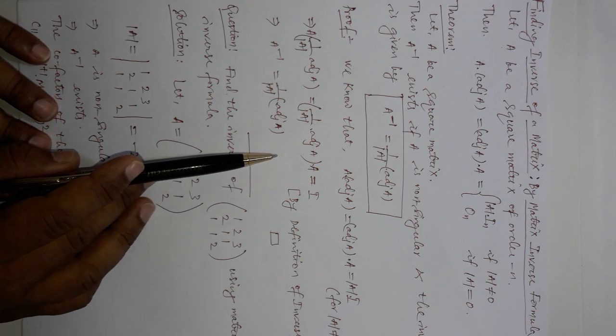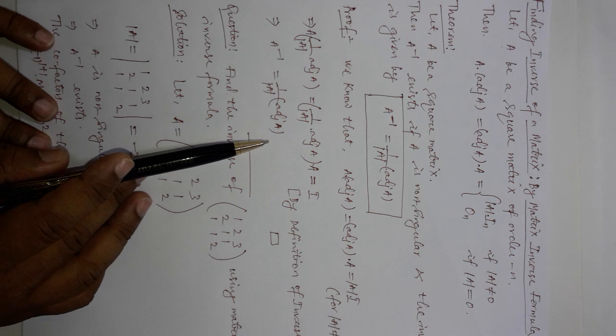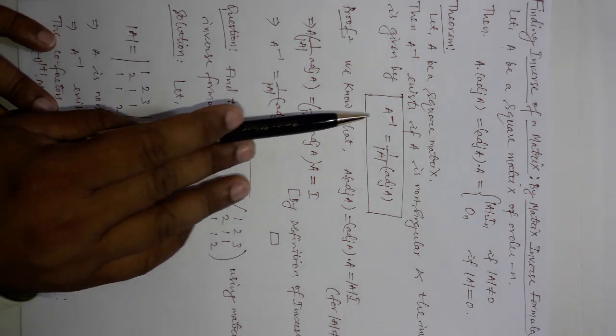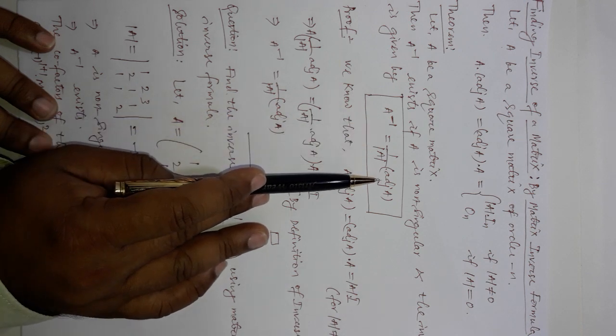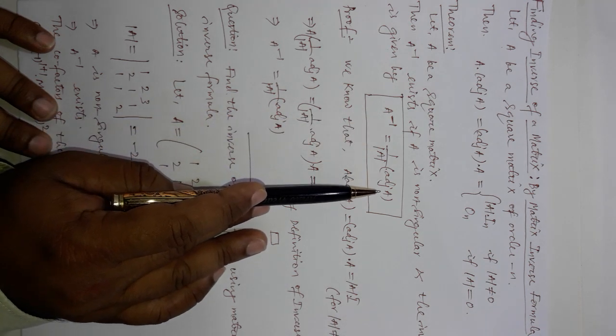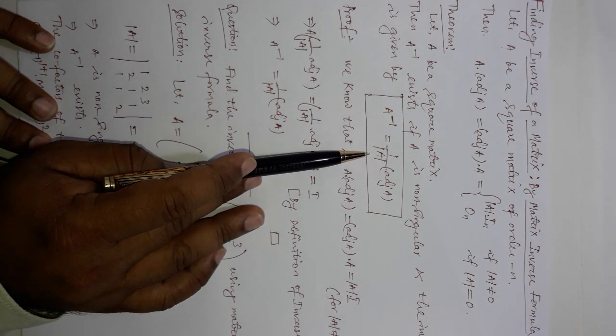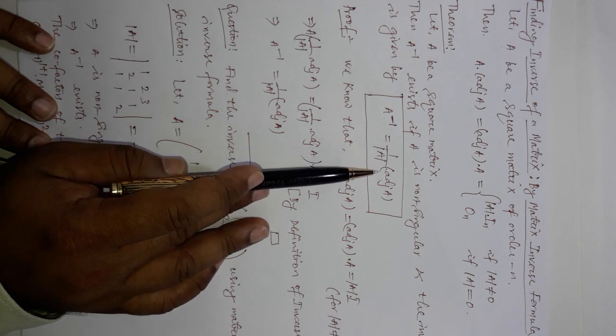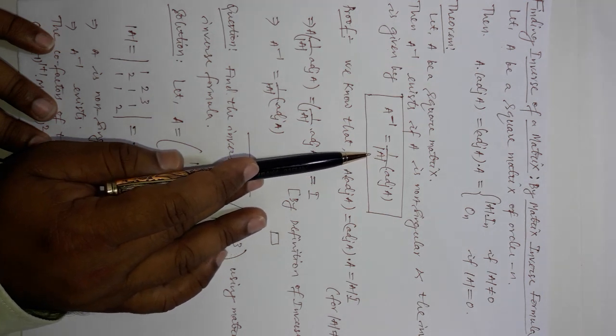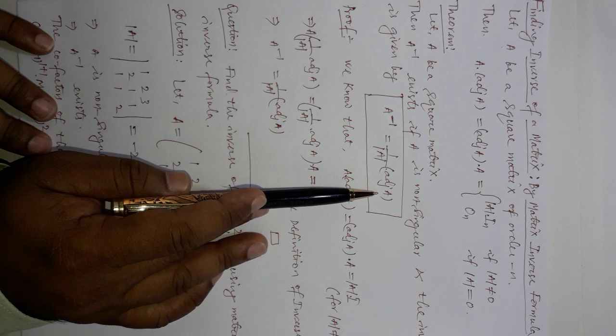So, this is the formula to find out the inverse by matrix inverse formula. To find the inverse of a non-singular matrix, we have to first find out the adjoint of that matrix and the determinant of that matrix, and we will multiply the reciprocal of the determinant of the matrix with the adjoint of the matrix.